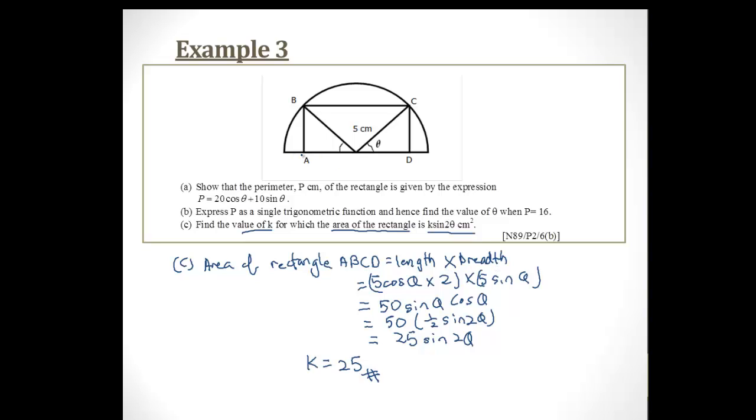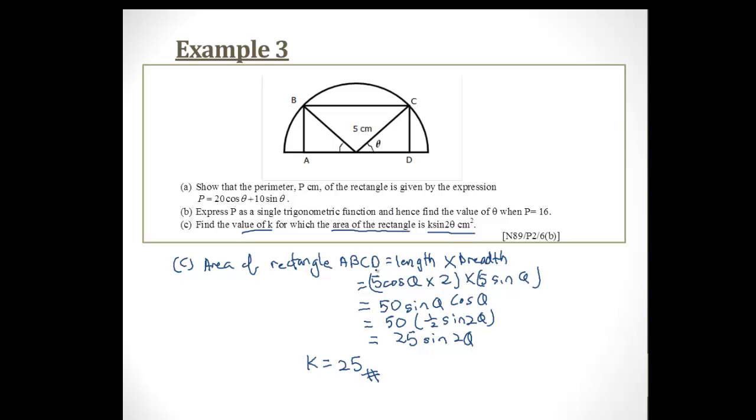To compute the length AD, I'll need to take 5 cos theta times 2, and times, to compute the breadth, I'll just take the value of CD as 5 sin theta, which we have worked out earlier in part A.